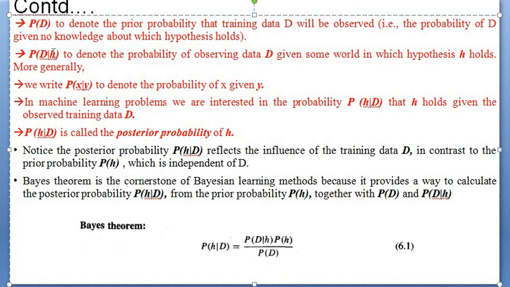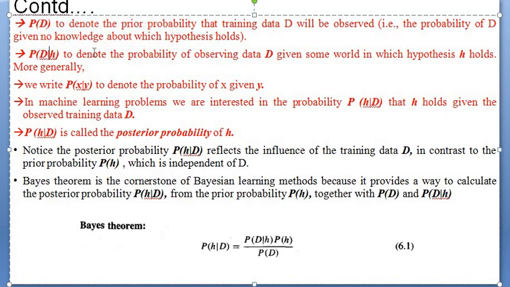Okay, next, this is pronounced as P of D given H. Don't call it D bar H or D divided by H. It is P of D given H. That means the probability of observable data given some hypothesis.